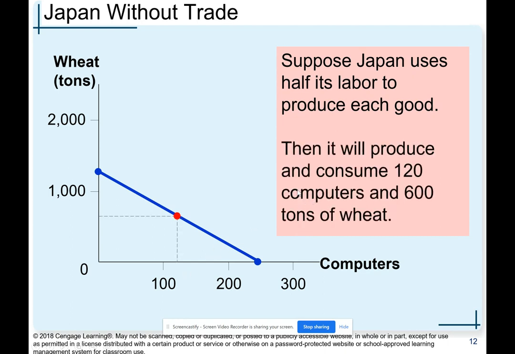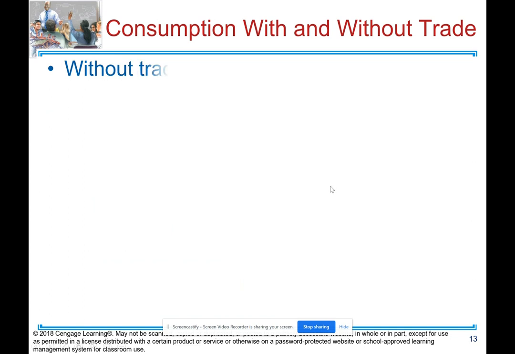Here we will see it will produce and consume 120 computers. That is half of 30,000, which is 15,000, divided by 125. And the other half, 15,000, will be used to produce 600 tons of wheat. That is its domestic production and consumption.